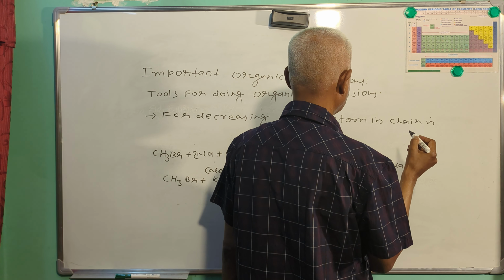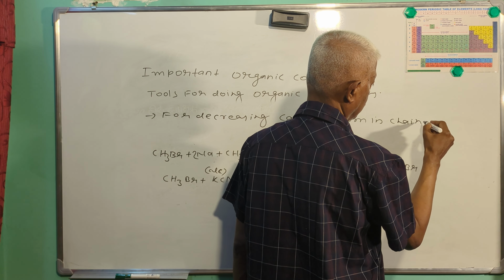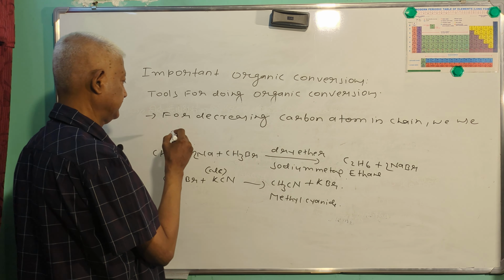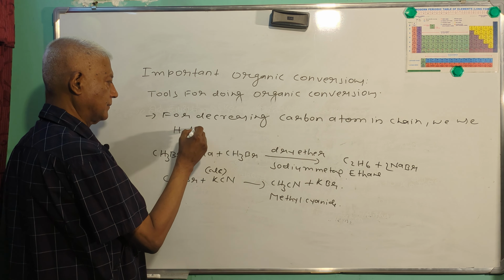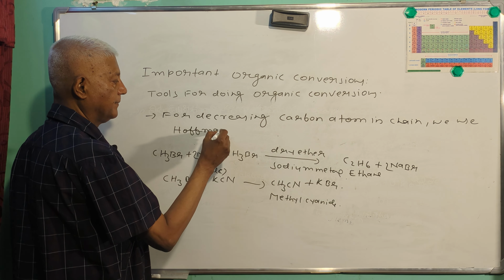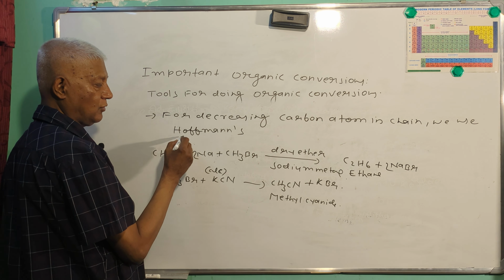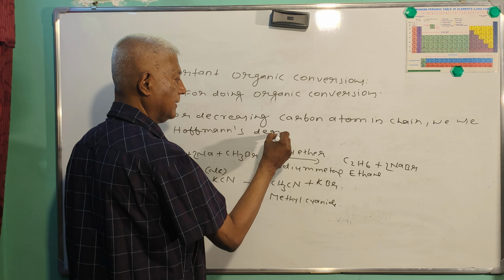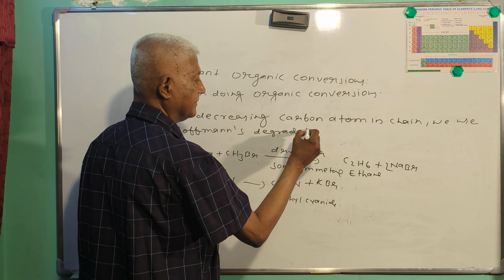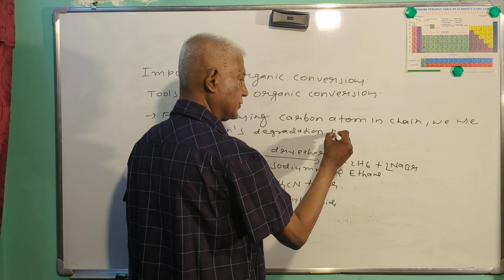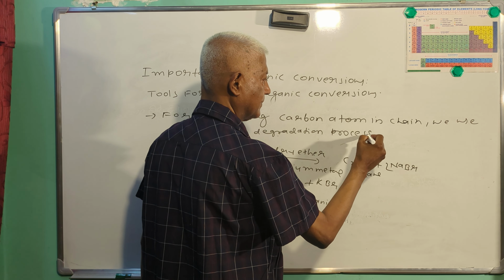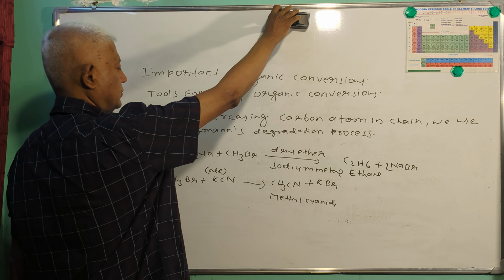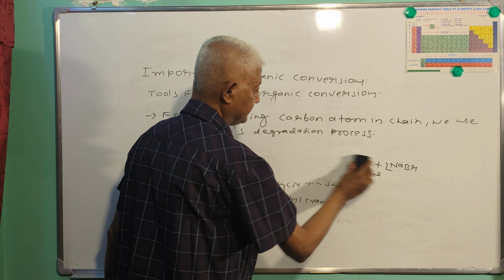Decreasing carbon atoms in the chain, we use the Hofmann, H-O-F-M-A-N-N, Hofmann degradation process. Hofmann is the name of the chemist. So look at one example over here.